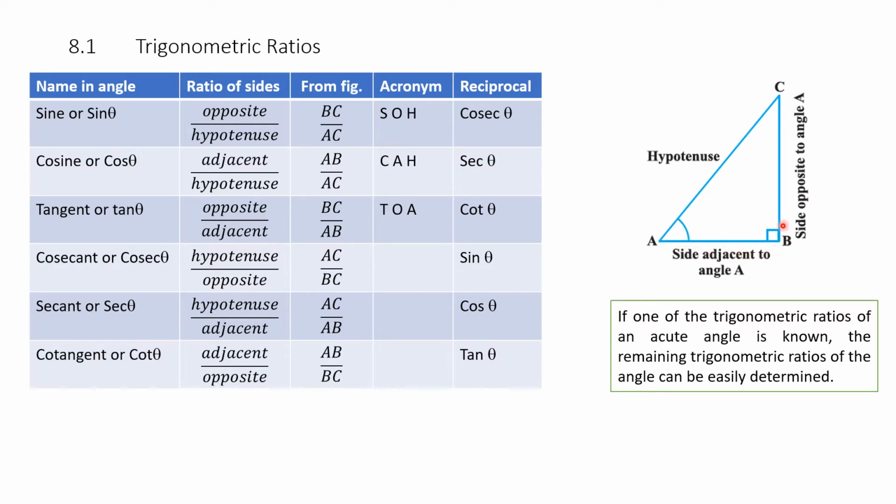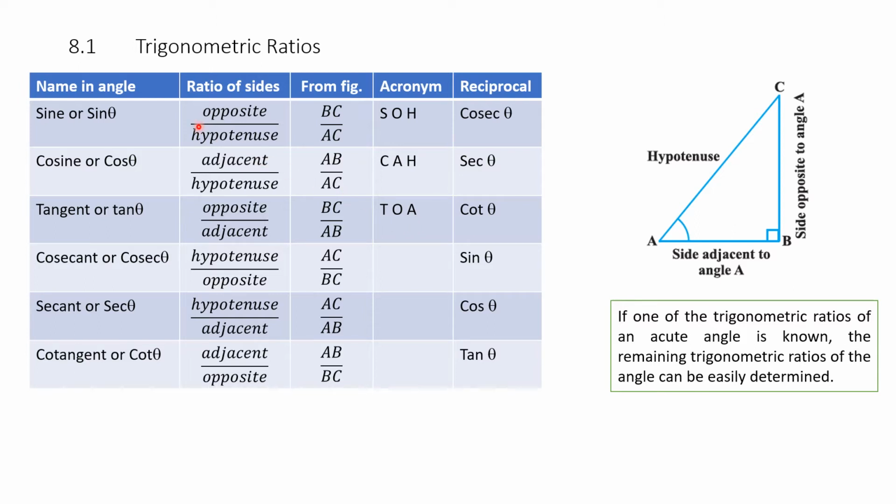Therefore, BC by AB is equal to tan theta, or it can be remembered by the acronym TOA. So, these three ratios can be remembered as SOHCAHTOA. That is sine is equal to opposite side by hypotenuse, cosine is equal to adjacent side by hypotenuse, and TOA is tan theta is equal to opposite side by adjacent side.